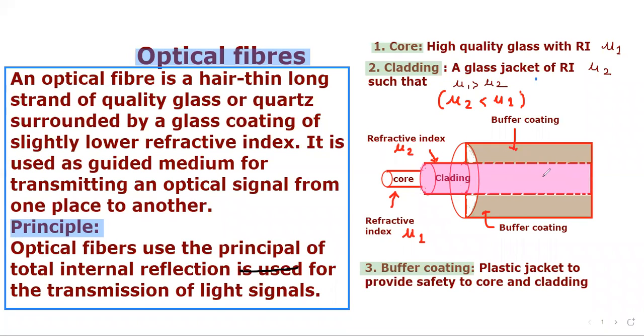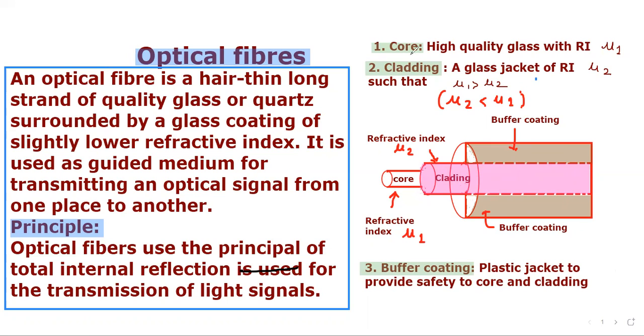Here, the construction is shown. This is the core material, this is the cladding, and this is the buffer coating. The refractive index of the core material is mu1, which is higher, and the cladding has refractive index mu2, which is a little less. The buffer coating is used for protection.